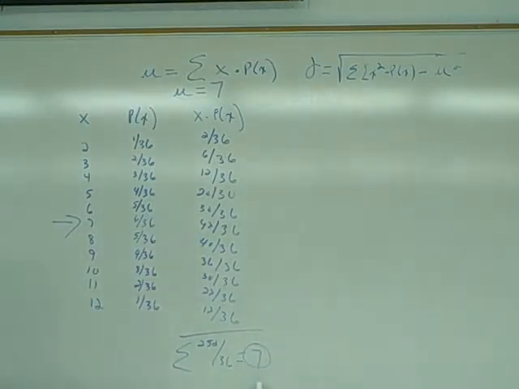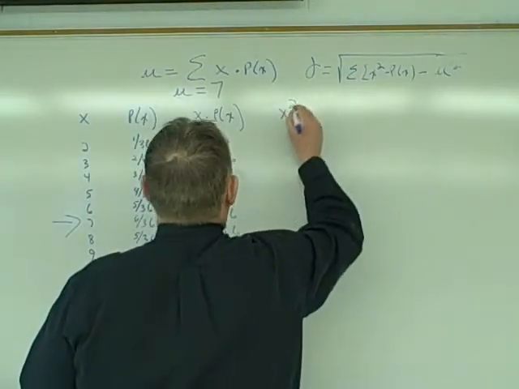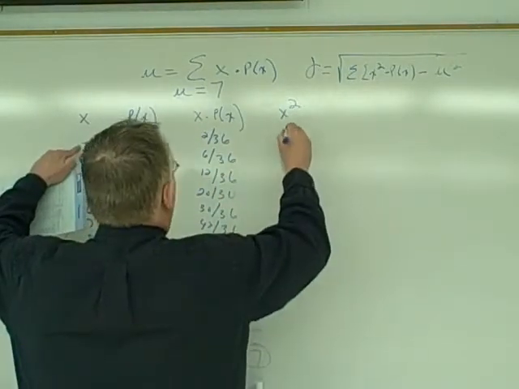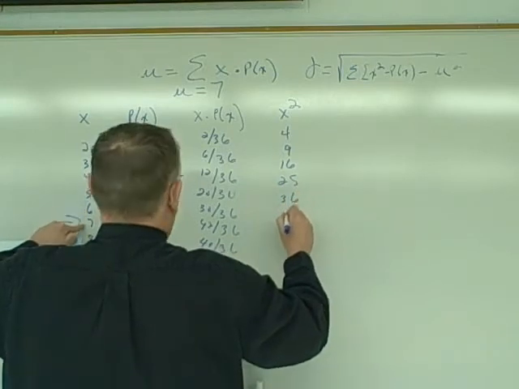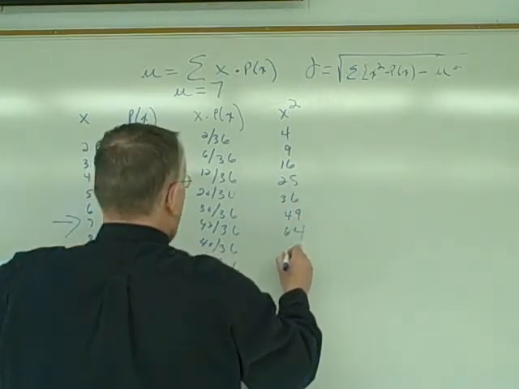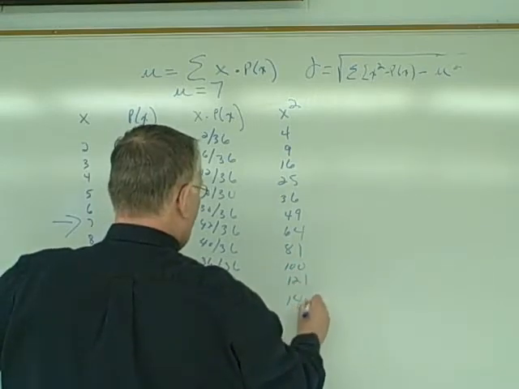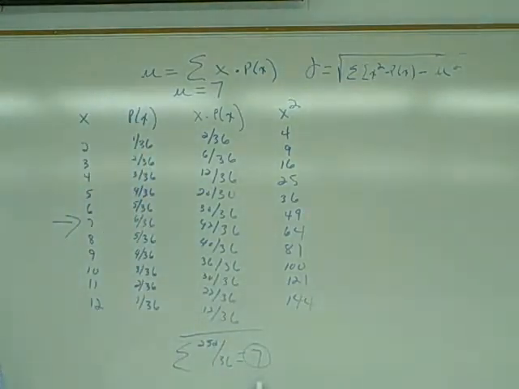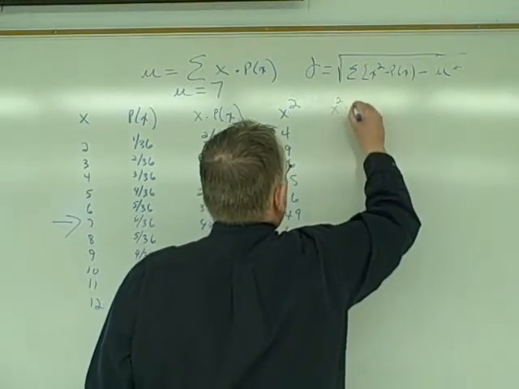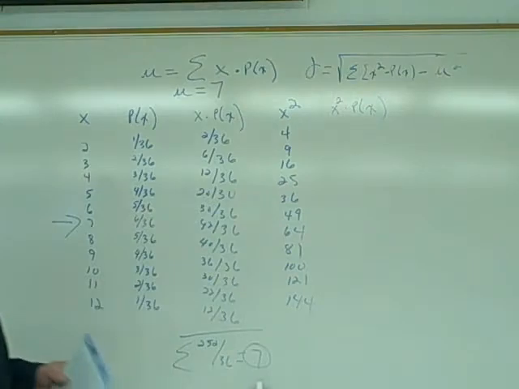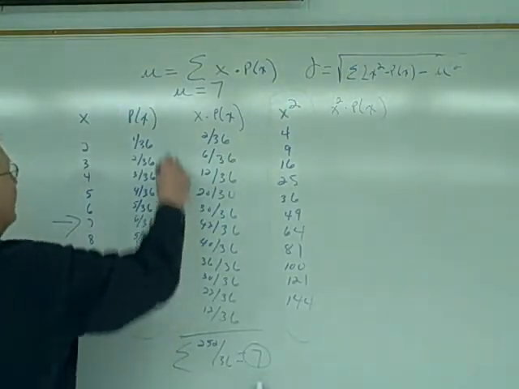Okay? To find the standard deviation now, we have to have another column. We have to have an x squared column, which is 2 squared is 4, 3 squared is 9, 4 squared is 16, and so on: 36, 49, 64, 81, 100, 121, and 144. That's the x squareds. And then I've got to have a column for the x squareds times the probability of x. That would be this column times this column.